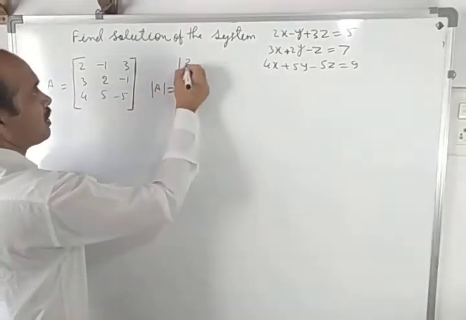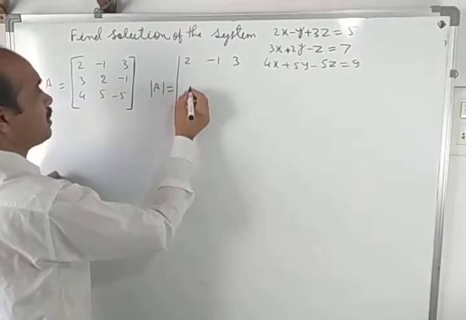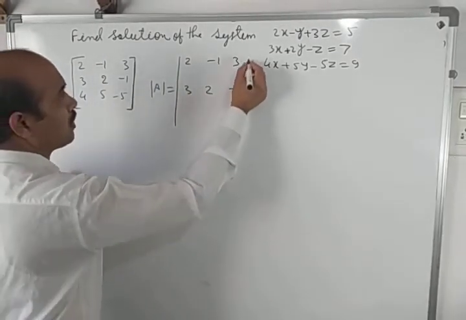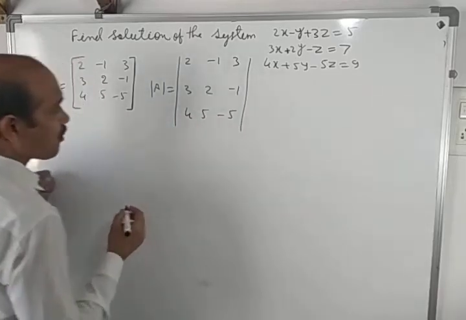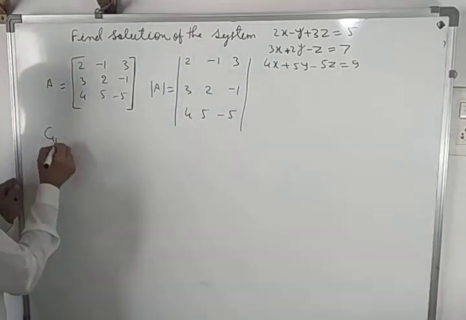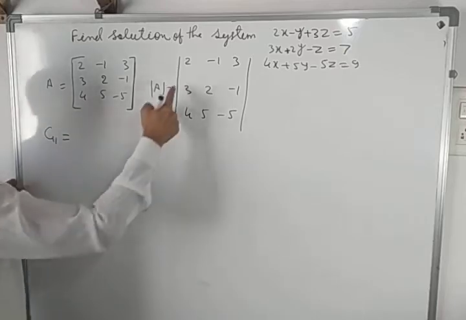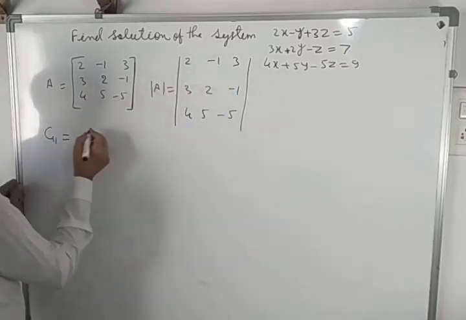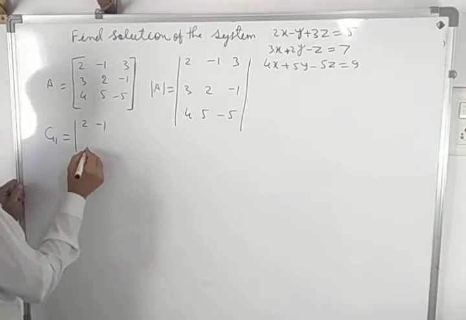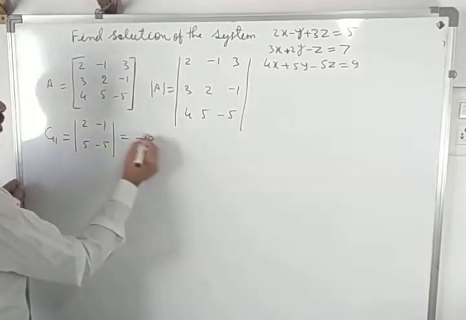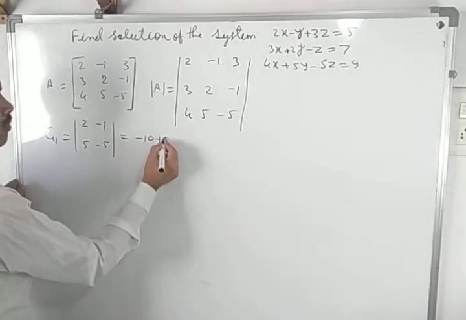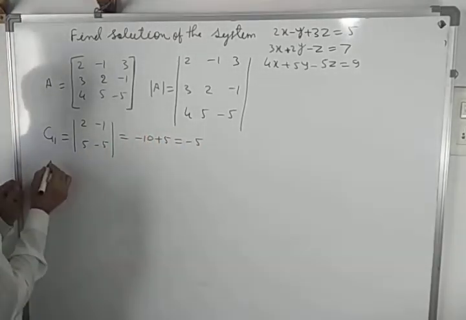To get the inverse, we need the value of the determinant. So firstly, we'll convert it into the determinant, and you will get the cofactors. First row, first column, leaving these two, you will have 2 minus 1, 5 minus 5, minus 10 minus minus plus 5, so it is minus 5.